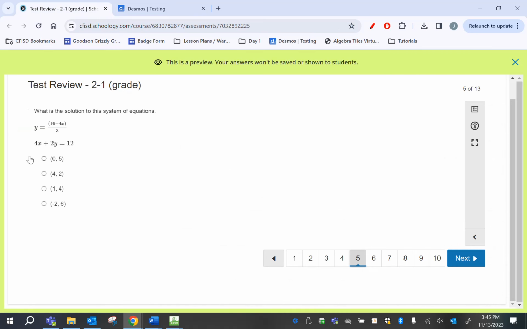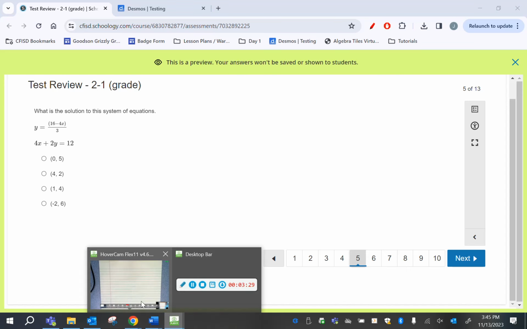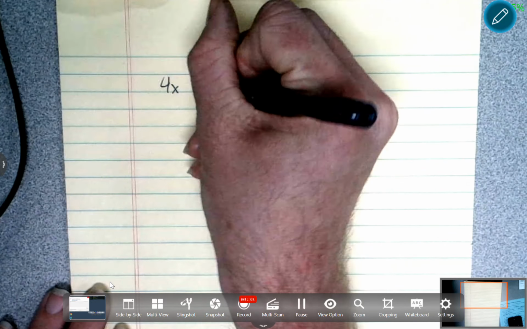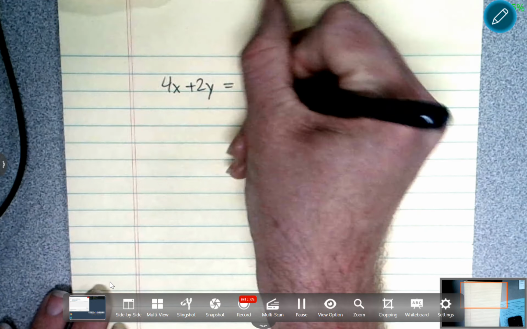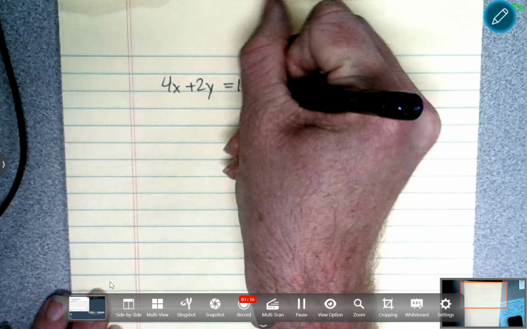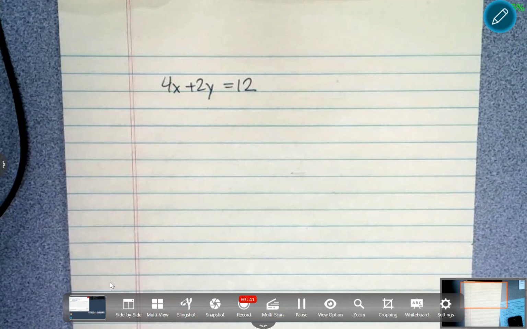For this one, you're going to have to isolate y. Go ahead and actually show you how to do that. 4x plus 2y equals 12. Why don't you try? Pause the video and try to see if you can isolate y on your own. Hopefully you paused the video and you tried it on your own.